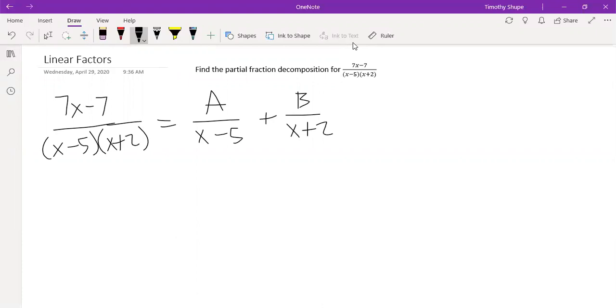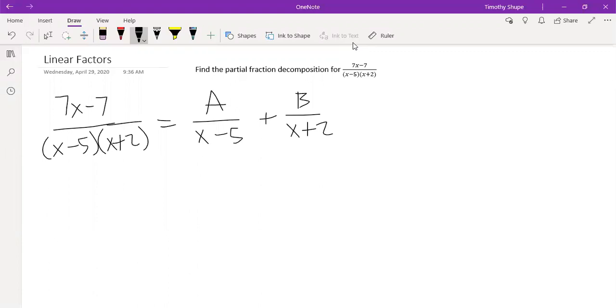When I have linear factors like an x minus 5 or an x plus 2, I can just put a single variable, an a or a b or c, depending on how many fractions I need, up in the numerator. Our goal is to figure out what values of a and b make this fraction get to the 7x minus 7 up in the numerator.